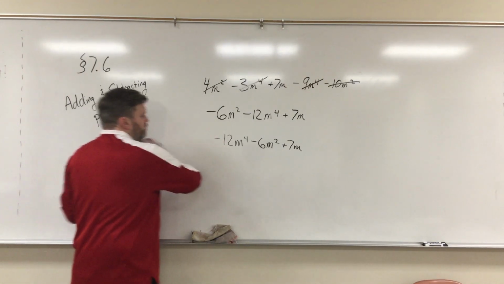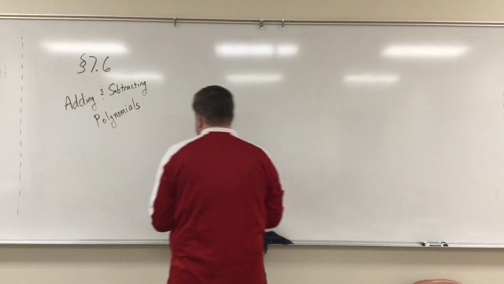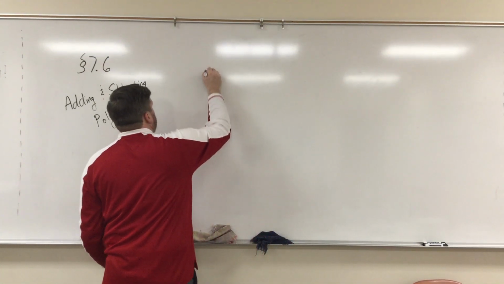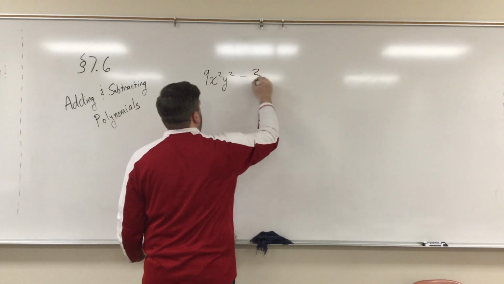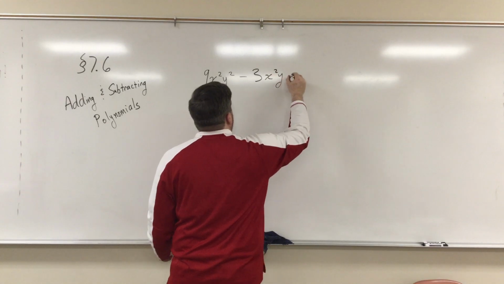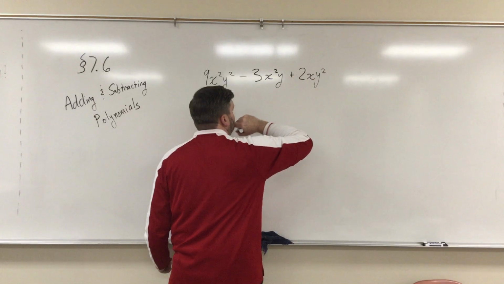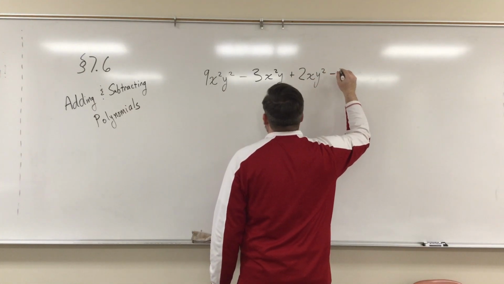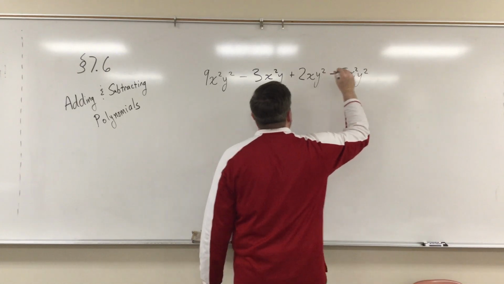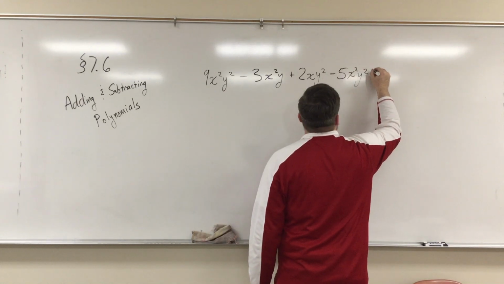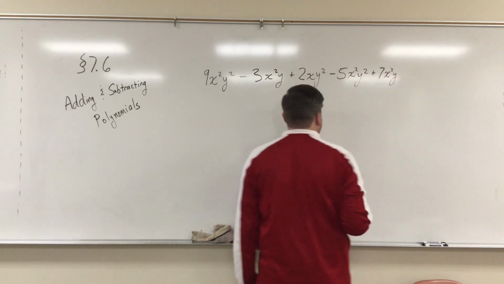Let's do one more of those, and then I think that'll suffice. Let's do 9x squared y squared minus 3x squared y plus 2xy squared minus 5x squared y squared plus 7x squared y.